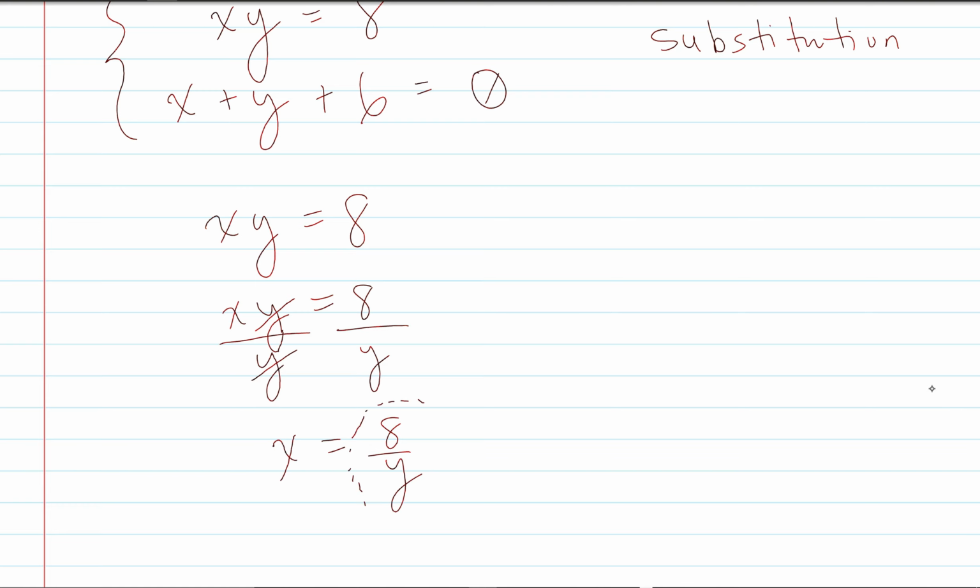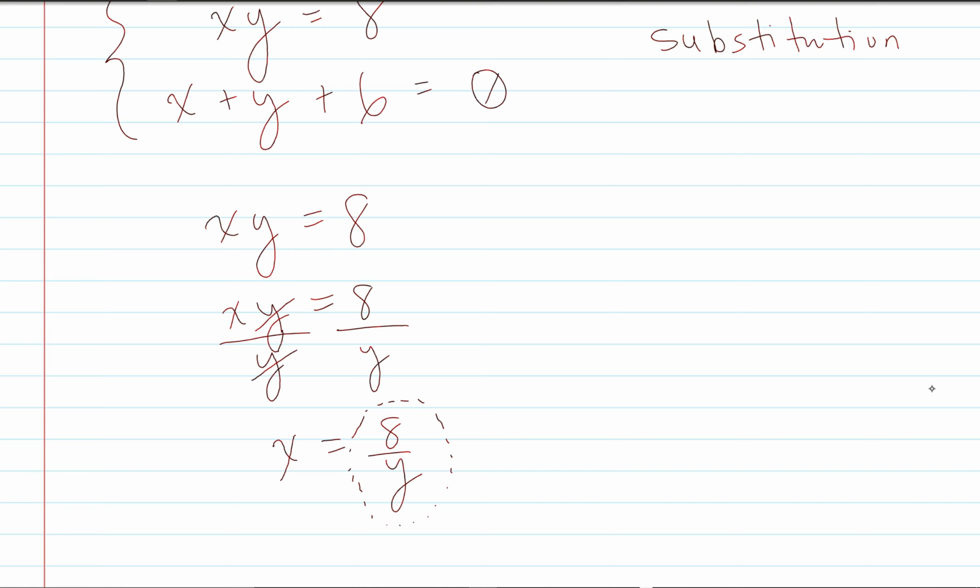Alright, so this first part is very important for us. We just solved for x, however, not quite. So we're going to take what we've just found for x being 8 over y, and we're going to plug this into the other equation that we haven't touched yet.